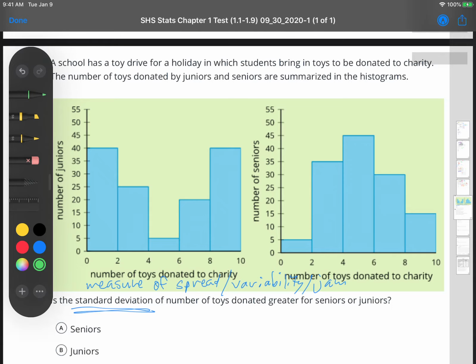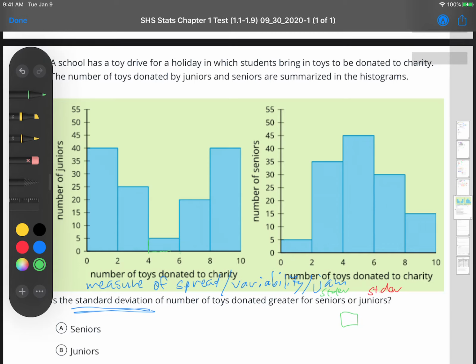Is the standard deviation of number of toys donated greater for juniors or seniors? So I'm going to put an inequality here, and we're trying to find the standard deviation for each of these. Does that make sense? So from the center, let's look at the left one. This is the juniors.